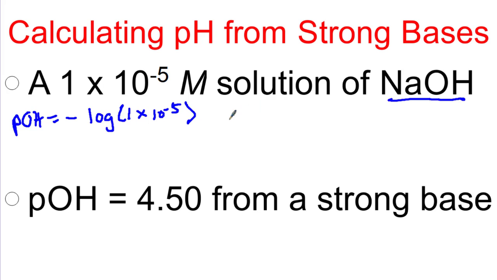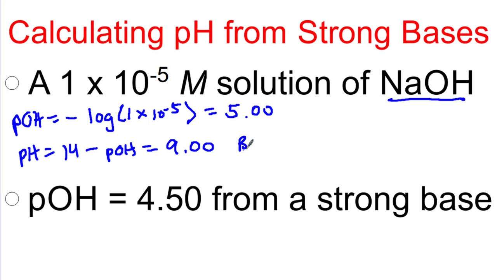So I'm going to do negative log of 1 times 10 to the negative 5. I do that in my calculator, I get 5.00. But that's my pOH because it dissociated into sodium ions and hydroxide ions, which means to find my pH, I'm going to take 14 minus my pOH, or 14 minus my 5, and I get a pH of 9.00, which tells me I have a base, in this case, a strong base.